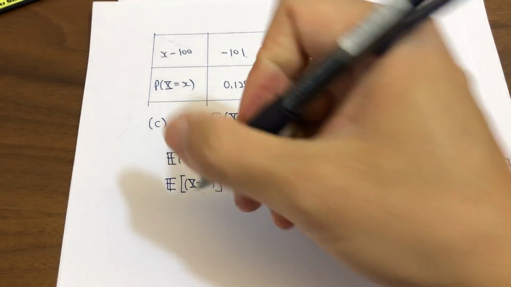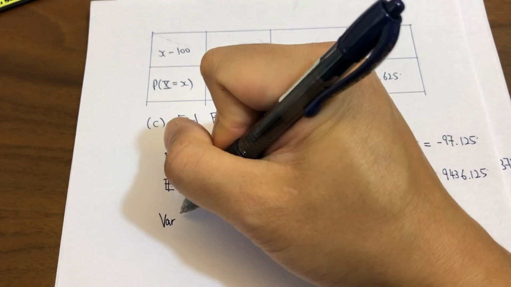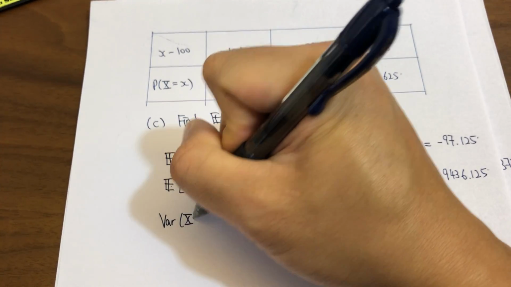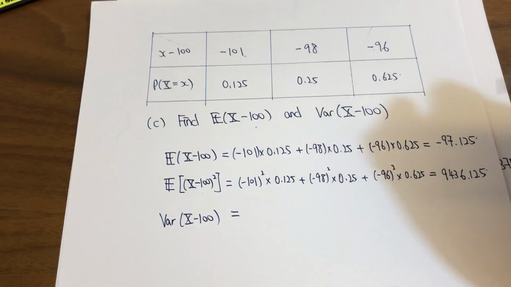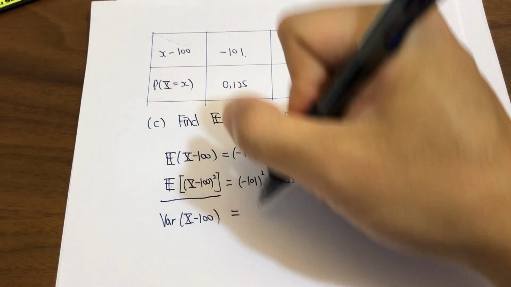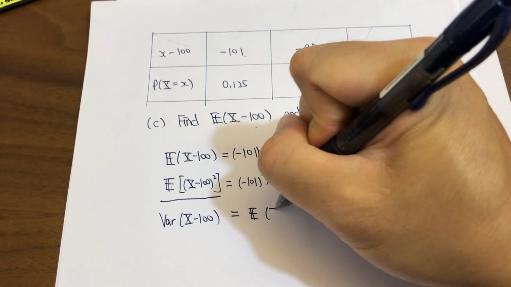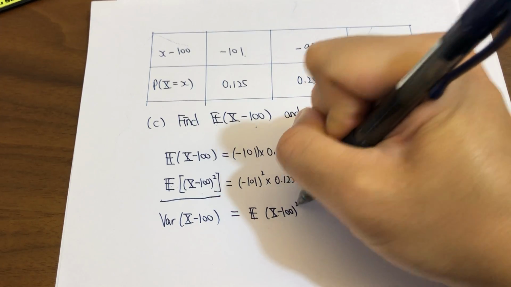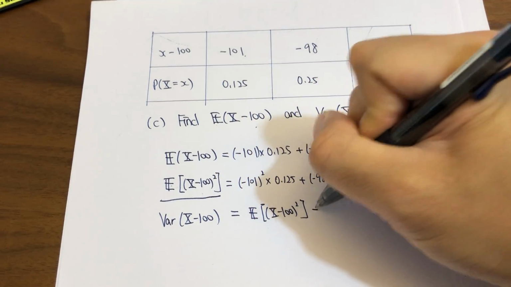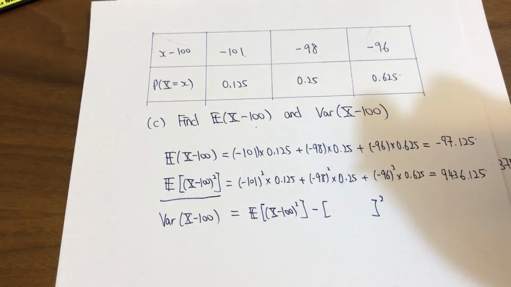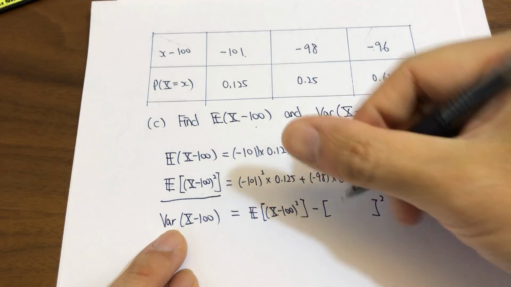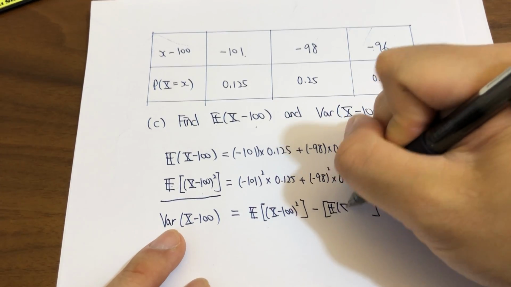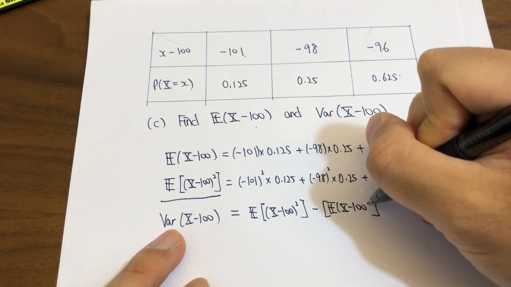And now we are able to tell what the variance is. The variance of x minus 100 equals the expected value of (x minus 100) squared minus the square of the expected value of x minus 100.